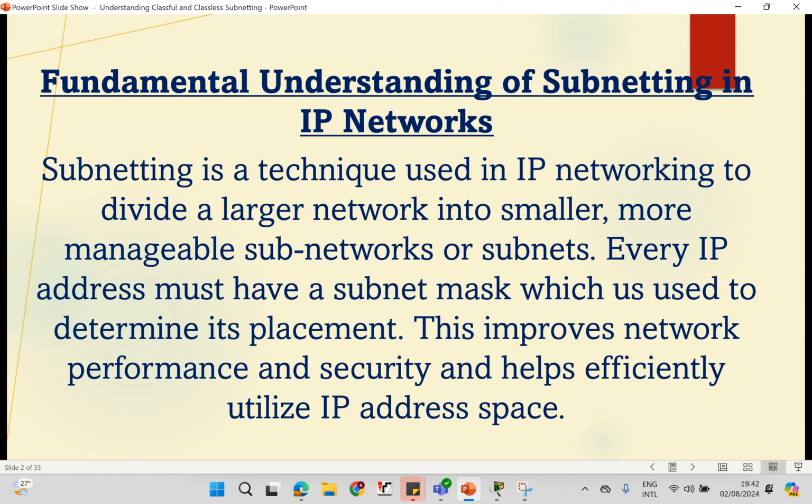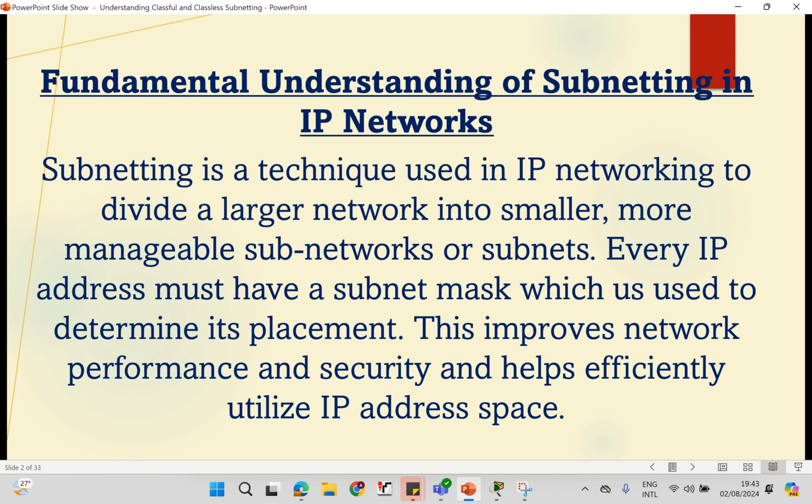When you hear the word subnetworks, it is abbreviated to subnet. Every IP address must have a subnet mask.